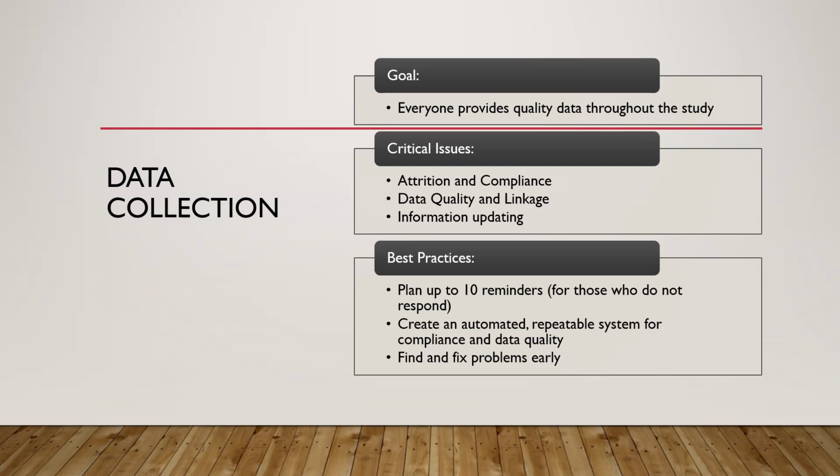The last thing I mentioned here on the ongoing data collection is that you should find and fix problems early, which means not only this data quality piece, but also if people don't understand a question, or if people are having problems logging back in to the system, if people are not able to find their old login information, that you're able to hear those problems and fix those problems.